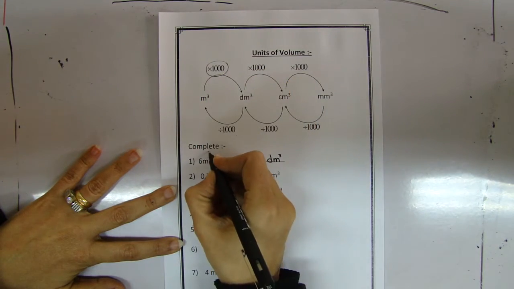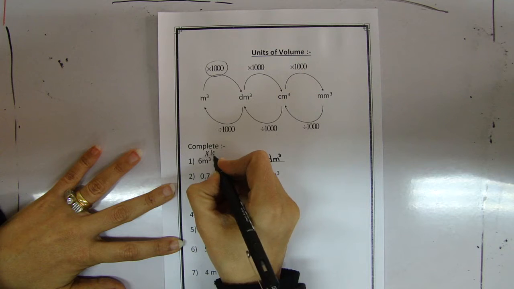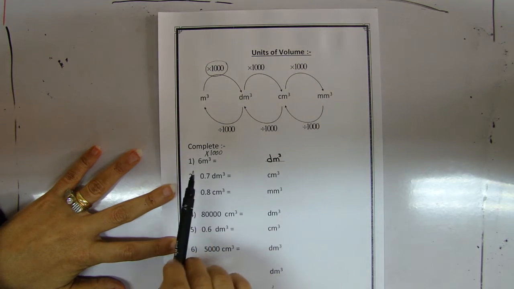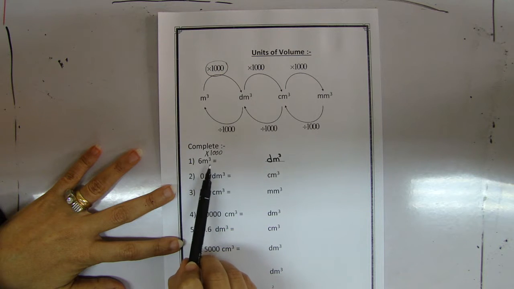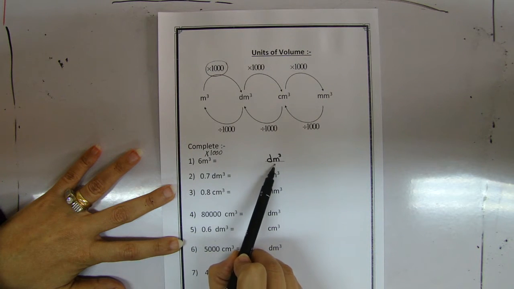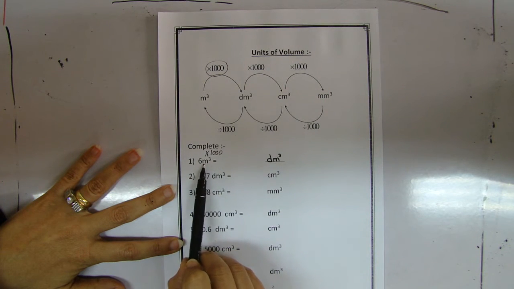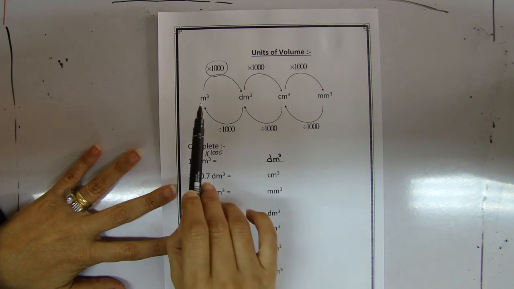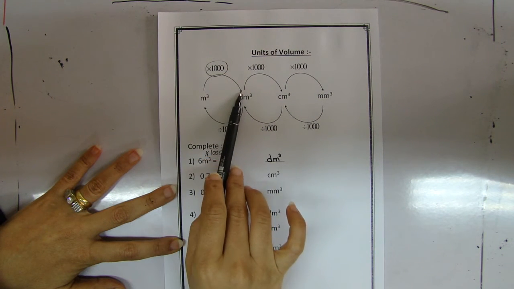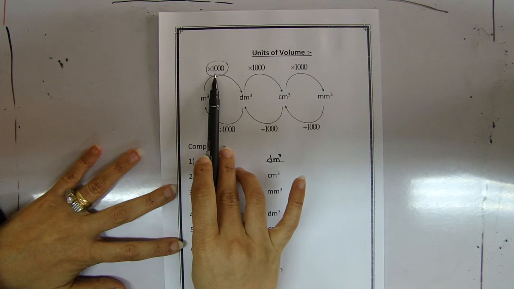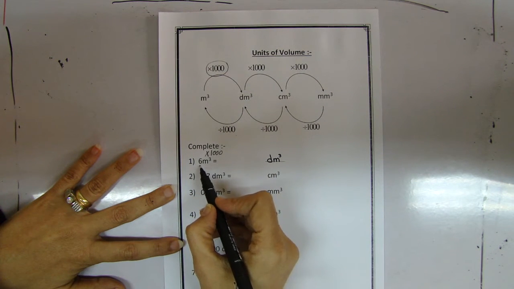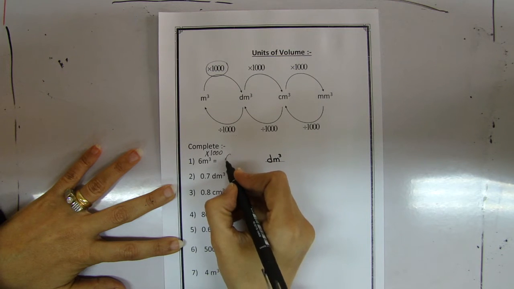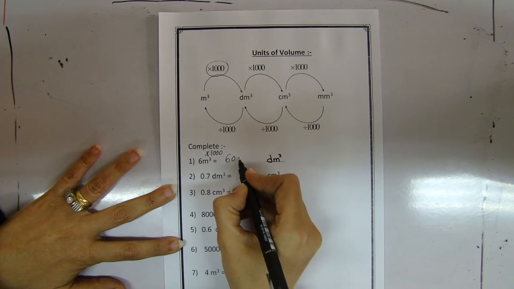Times 1,000. Then 6 times 1,000 equals 6,000.